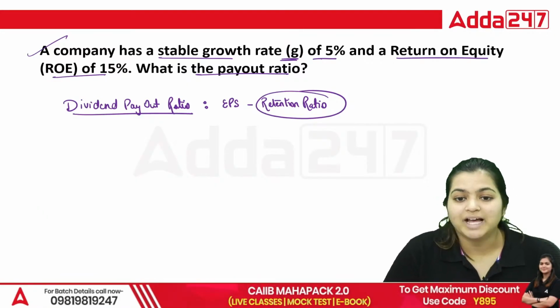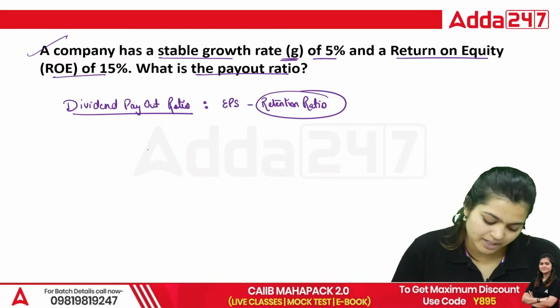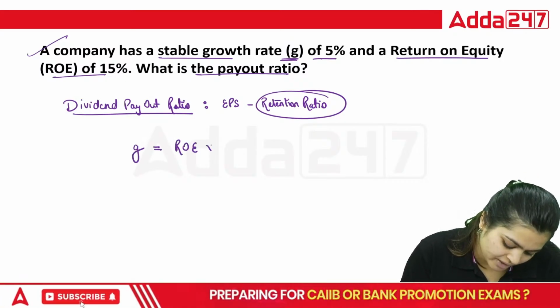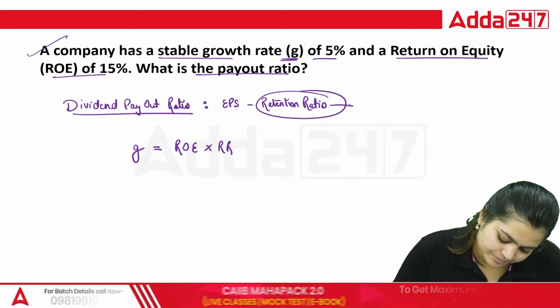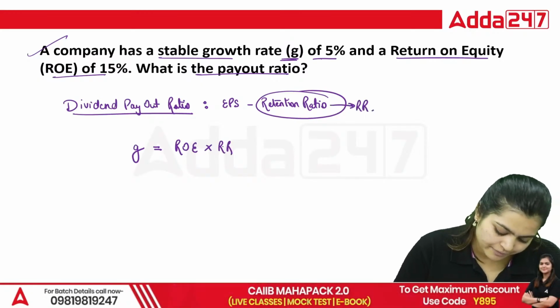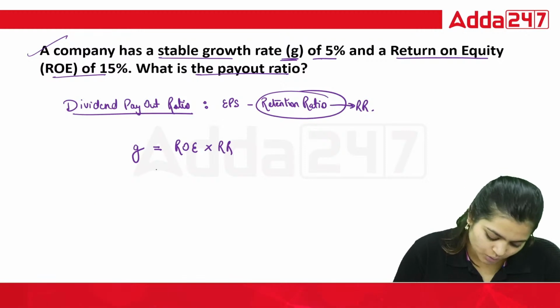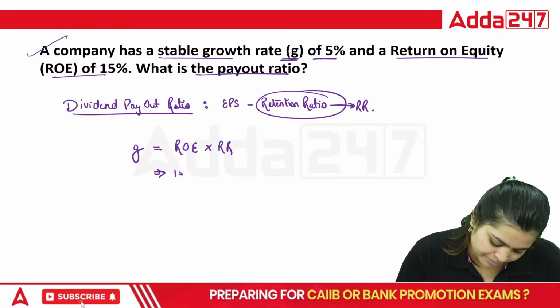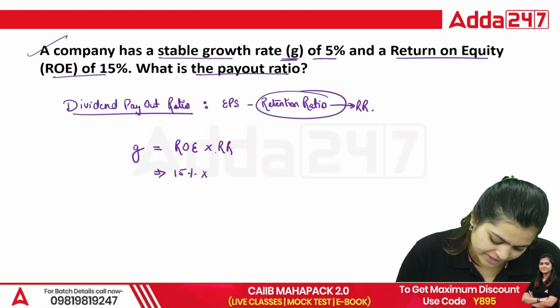But how to calculate the retention ratio? We know it, because the formula is growth equals ROE into retention ratio. This is your RR. We know this formula. So this formula says that ROE is your 15% and here is your retention ratio.